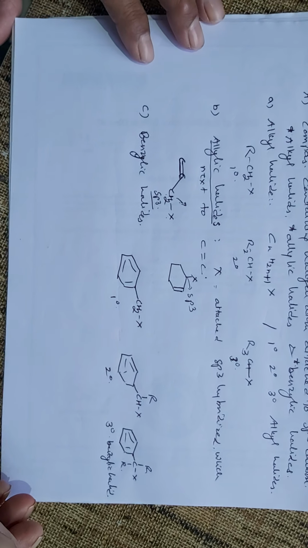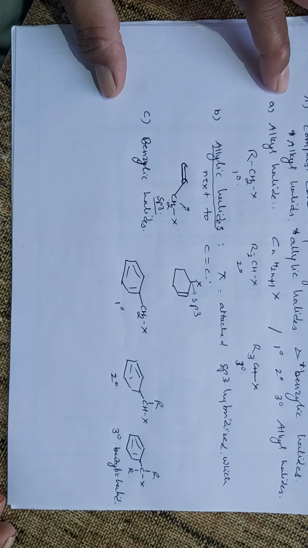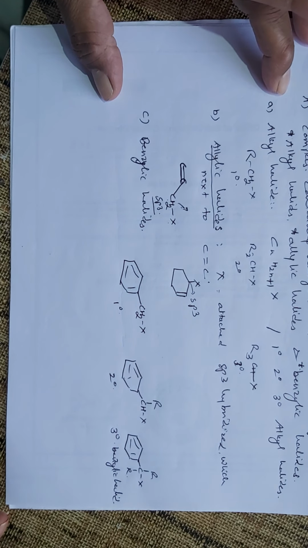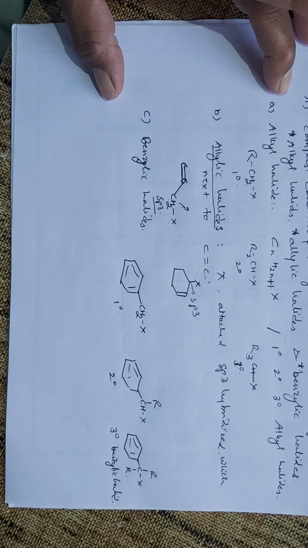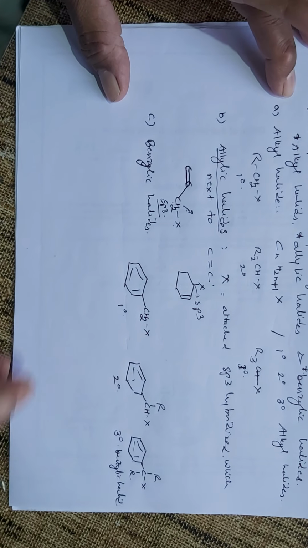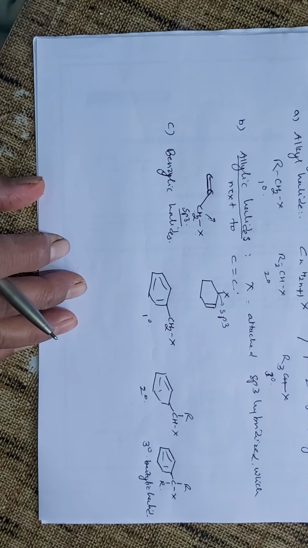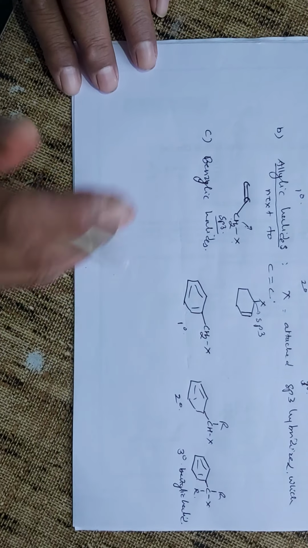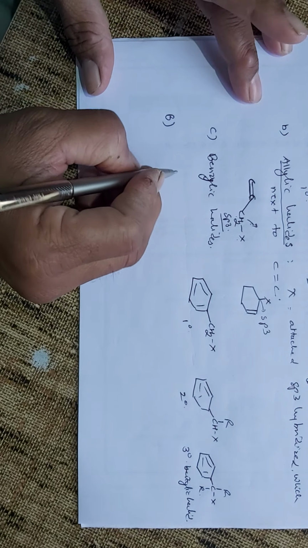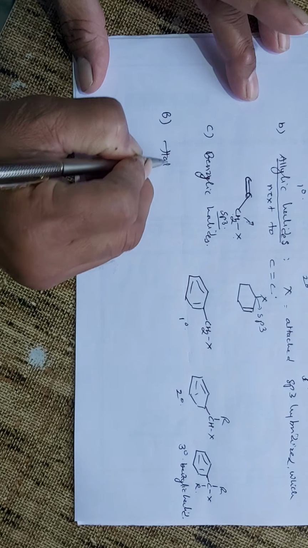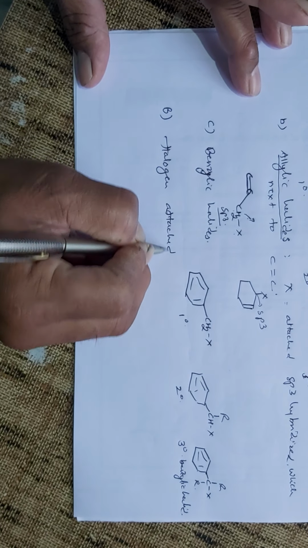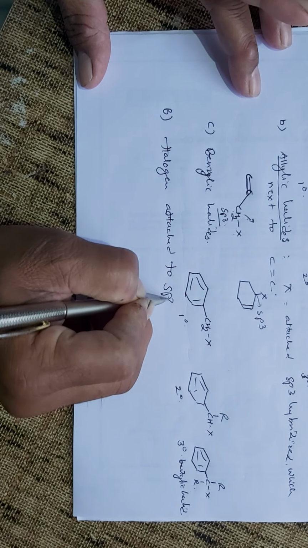So these are the three types of compounds in which the halogen is attached to an sp3 hybridized carbon atom, that is alkyl halides, allyl halides and benzylic halides. And the second class of compounds is that in which the halogen atom is attached to an sp2 hybridized carbon.